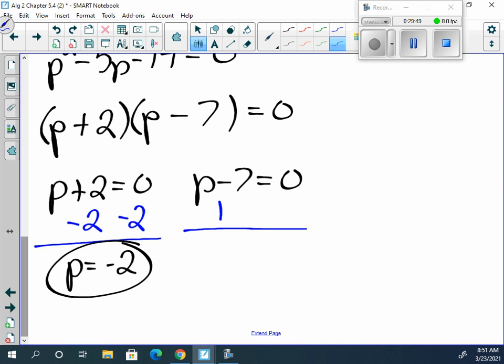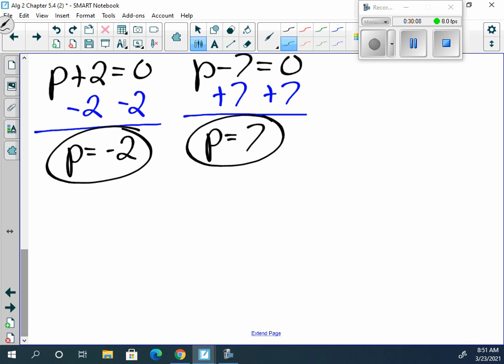And here we can add 7 to both sides and get that p is equal to 7. And it's always good, especially on these here, because we got a variable outside of the radical, to check to make sure which one works.